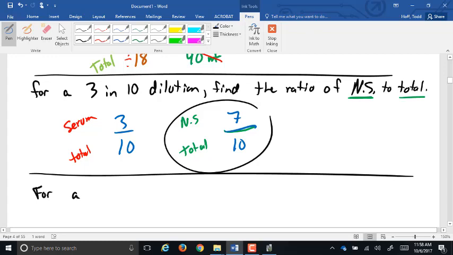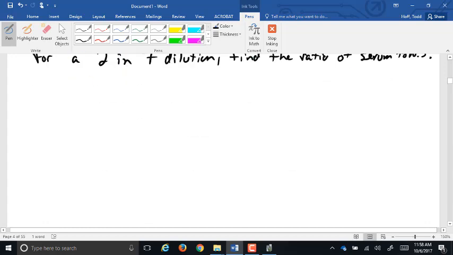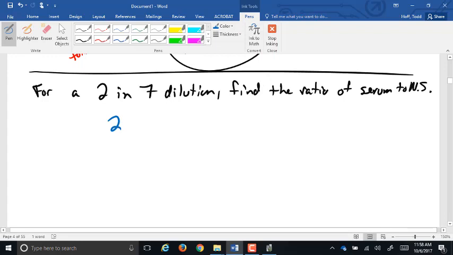For a 2 in 7 dilution, find the ratio of serum to saline. So this is 2 in 7.